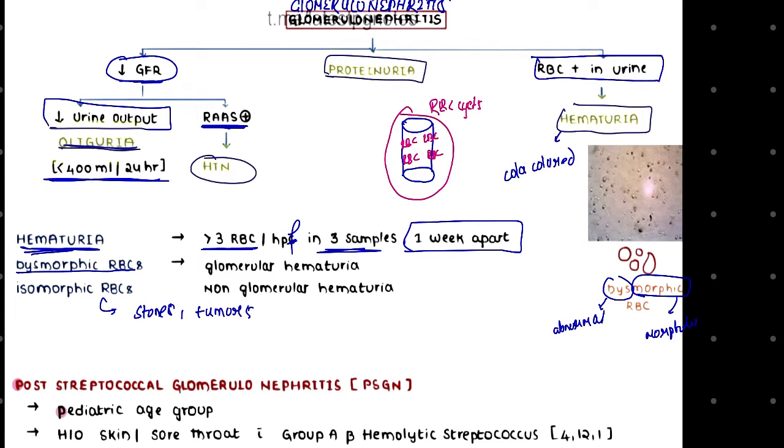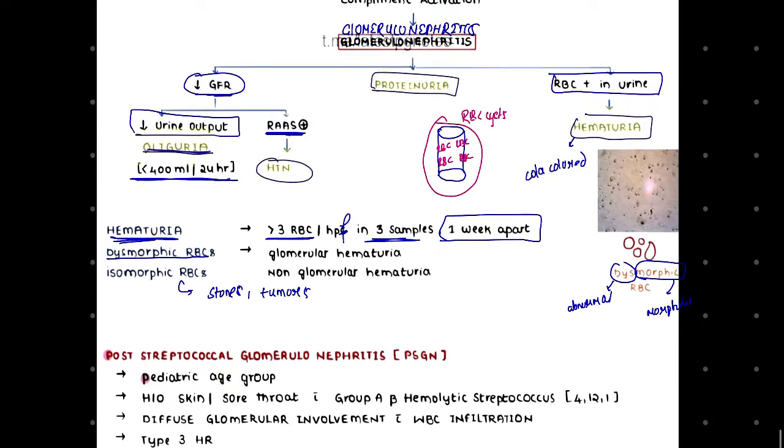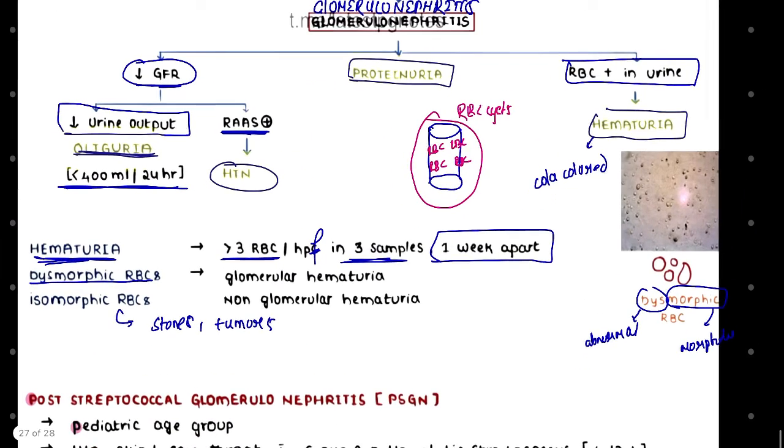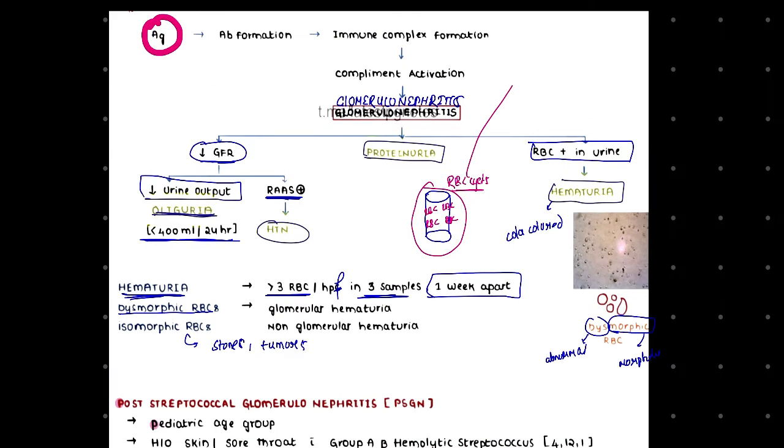Now, talking about RBC casts, the thing that we need to mention is that these RBC casts are not found just in nephritic syndrome. These are found in other conditions also. We have already mentioned one: nephritic syndrome or glomerulonephritis, it is the same thing. Now similarly, it will be found in malignant hypertension. It will be found in the case of vasculitis.